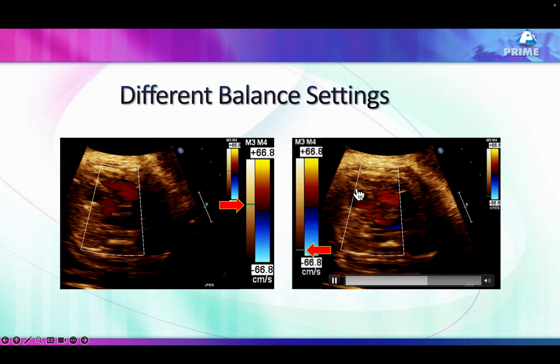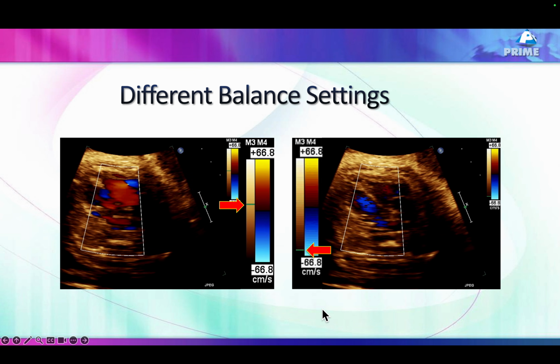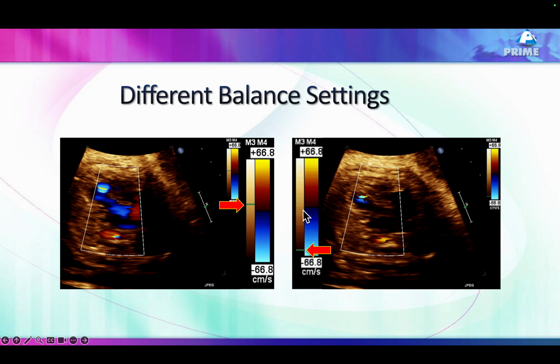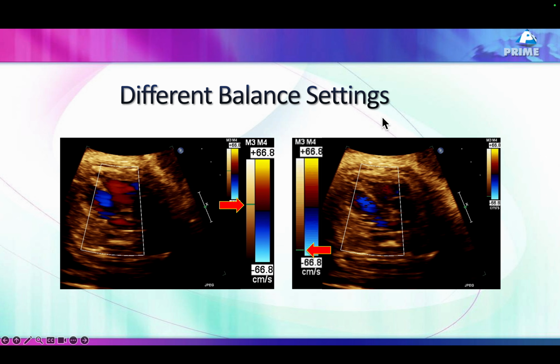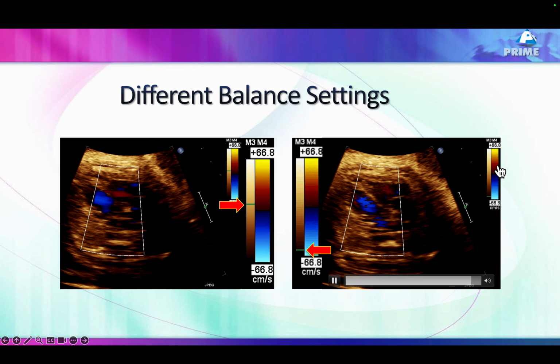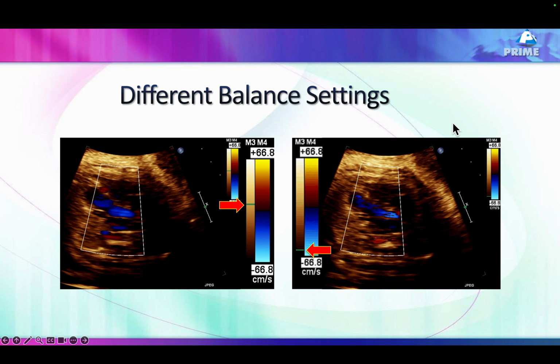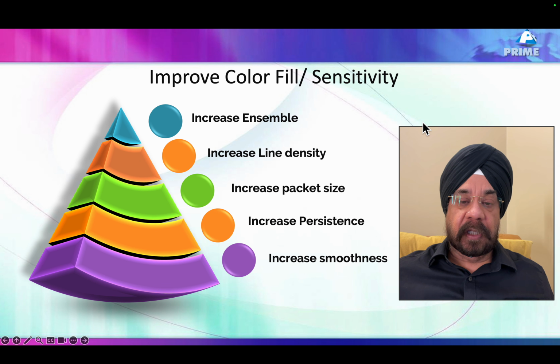So you don't see color Doppler, you see more of the 2D, right? You would miss a VSD in that case. So whenever you open your color Doppler box, please see on the side that this is the color Doppler bar and this is the 2D bar, which gives you an idea about the balance.